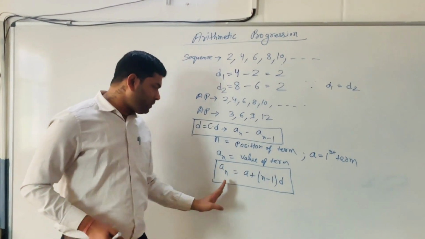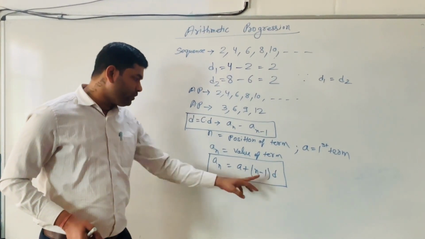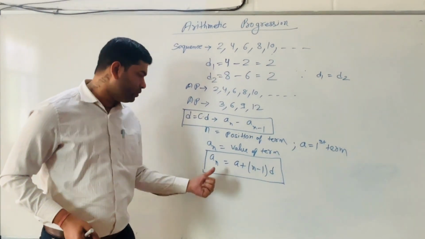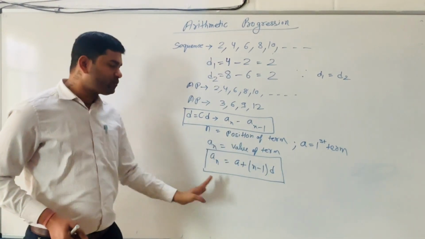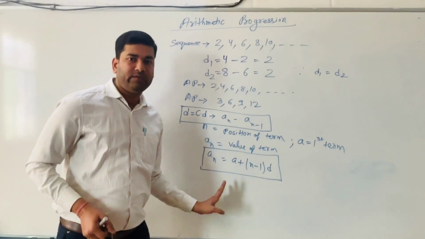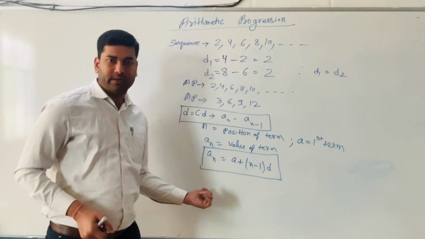Using this formula we can find the value of d also. In this formula four parameters are given: a sub n, a, n and d. Any three of them will be given to you, and you can easily find the fourth missing parameter.